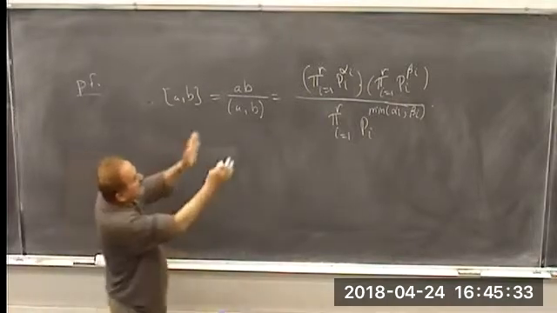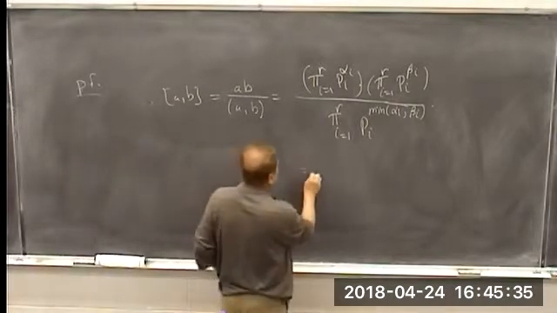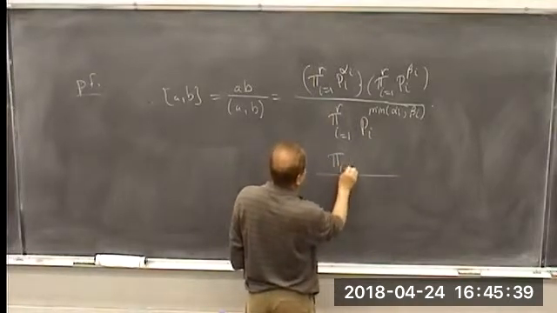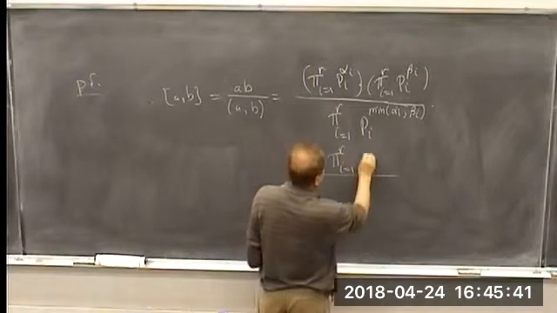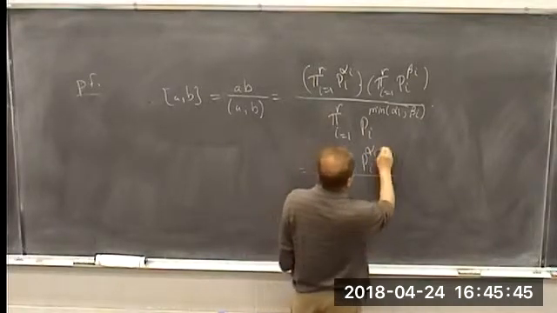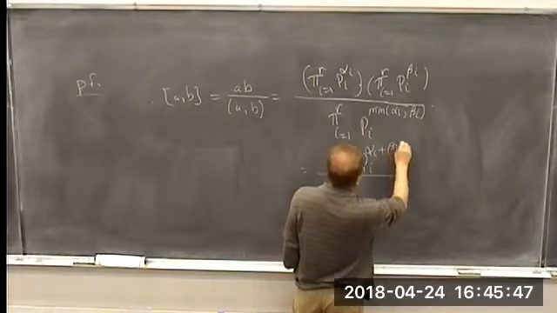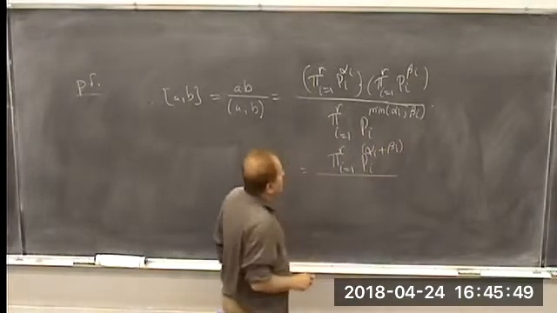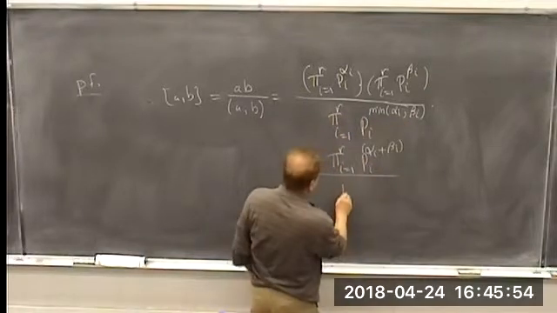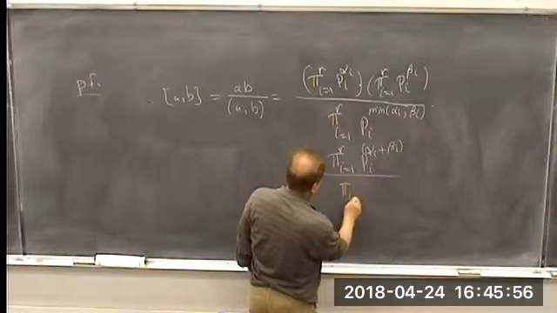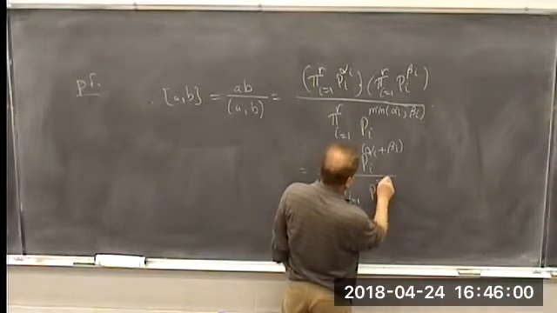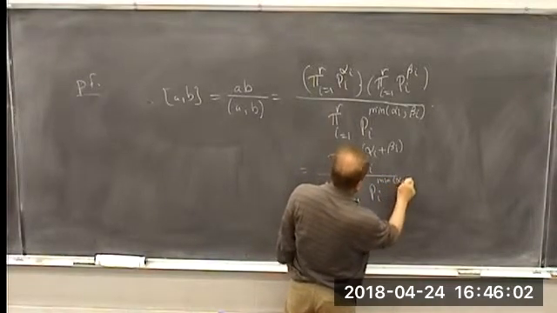So we can combine these into one product in the numerator, p_i to the alpha_i plus beta_i, divided by p_i to the minimum of alpha_i and beta_i.